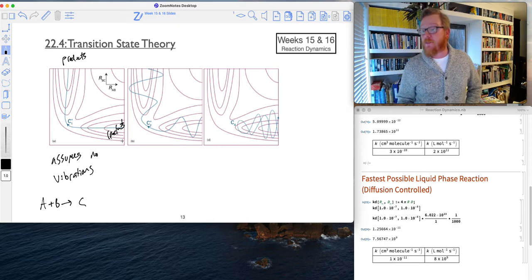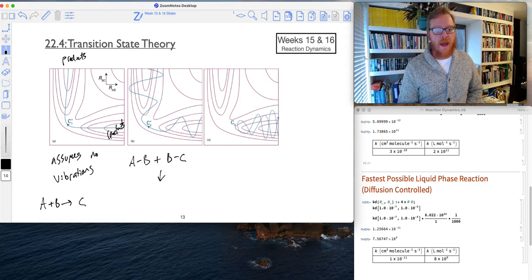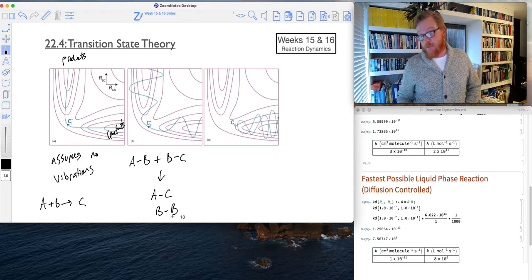But what if we did have some bonds, right? And particularly, what if both things had chemical bonds, right? So what if we had like an AB reacting with a BC, something like that, okay? To go on and make a C plus BB. Something crazy like that, right?